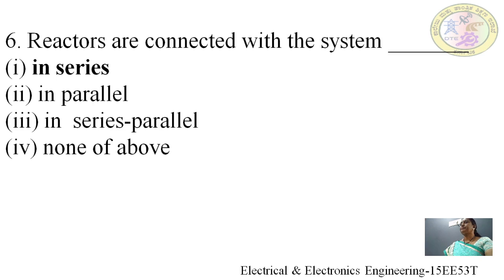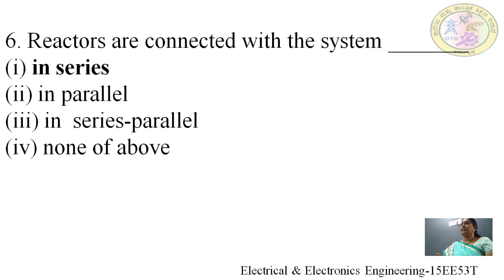Next, let us consider another multiple choice question: a reactor is connected to a system in what way? First we have to see for what purpose we are connecting the reactor.